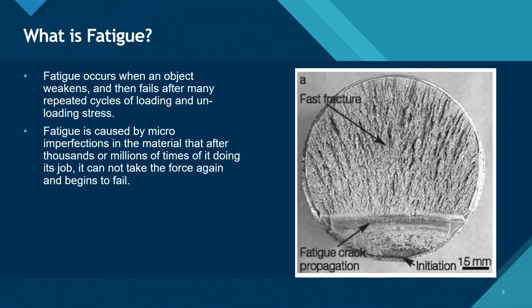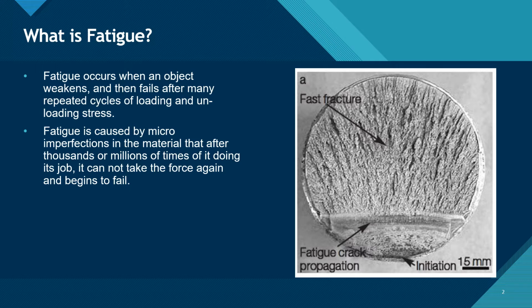What is fatigue? Fatigue occurs when an object weakens and then fails after many repeated cycles of loading and unloading stress. Fatigue is caused by micro imperfections in every material after thousands or millions of times doing its job. It finally cannot take the same force again and begins to fail.